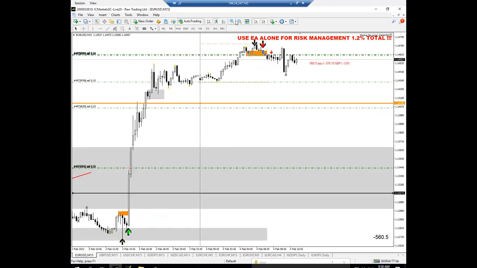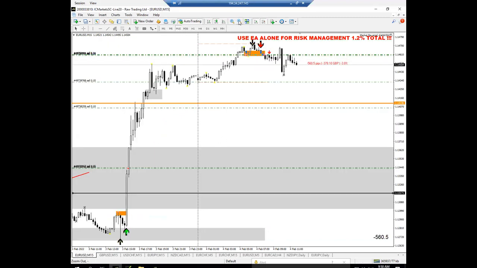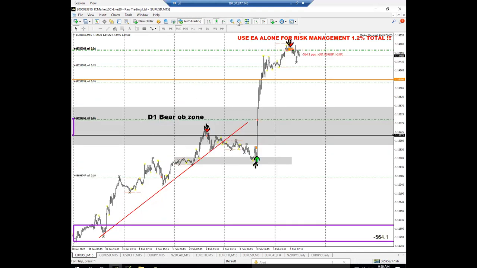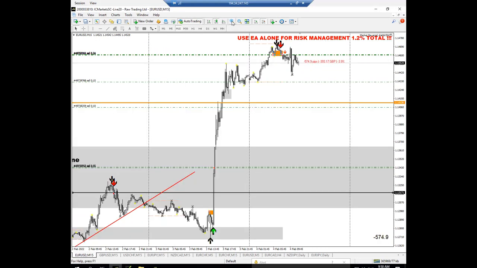So the euro USD, it's not the perfect setup, it's not the perfect trade, but I have all these entries. I believe that's the last entry for a sell. And yeah, I'm at about a 3.9% drawdown on the euro USD.